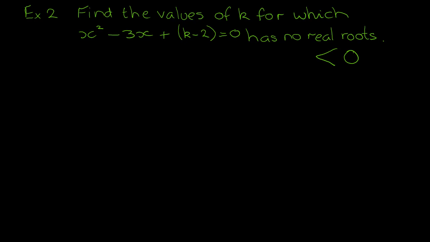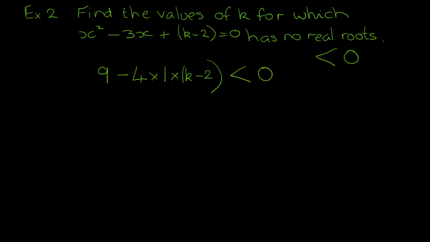So we want to use b squared minus 4ac is less than 0. Our b is minus 3. If we square that, we get 9. Minus 4 times 1 is our a times c, which is our k minus 2. And that needs to be less than 0.